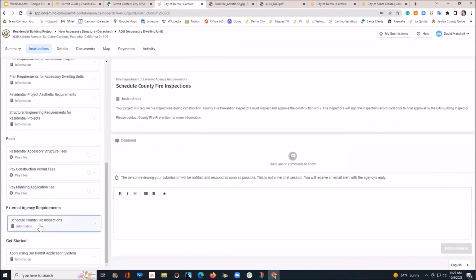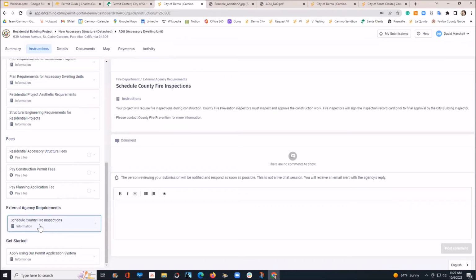We also share this one because one of the neat things with Camino's guide is agencies outside the city or county can also participate in our guide, right? In Santa Clarita, the county is responsible for the fire department. And so the county is keeping the guide updated on fire restrictions and fire construction requirements if the individual's in a fire zone.